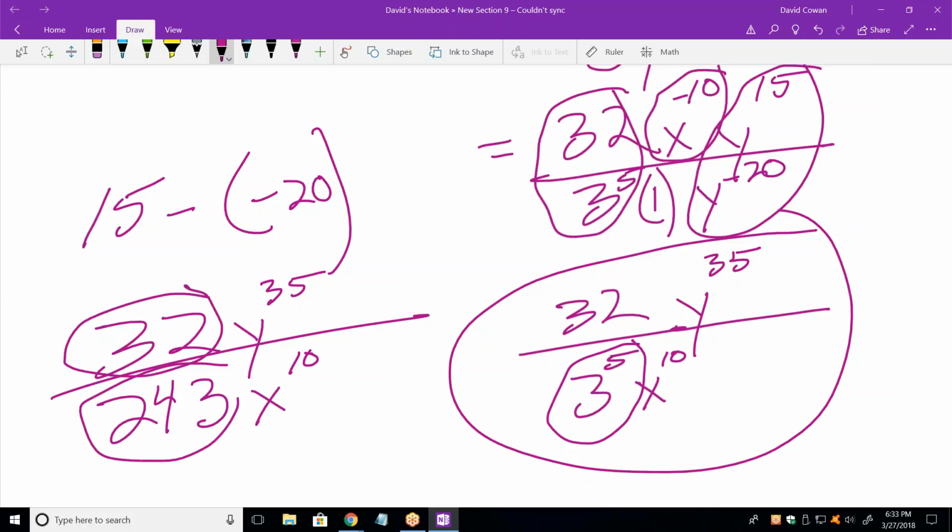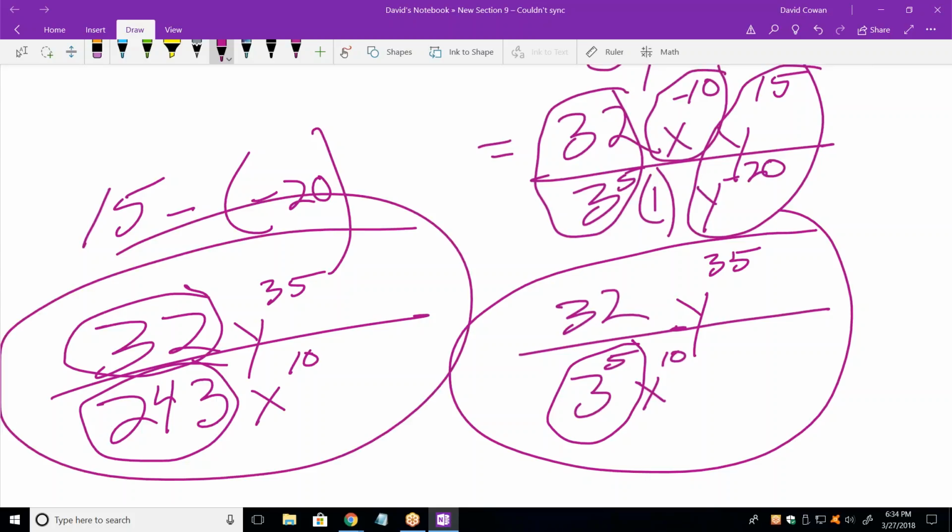So I probably can't simplify that. I don't know of any number that divides into 32 over 243. So this is my answer right here, and I've got nothing but positive exponents. If I would have ended up with a negative exponent there, then I would have just moved it to there, made it positive.